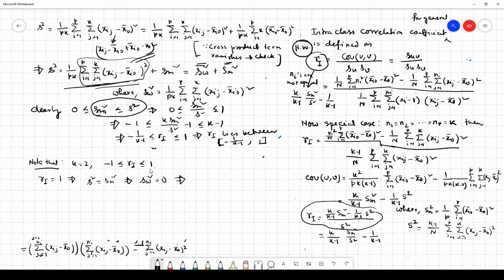This is nothing but a sum of squares, and this implies xij equal to xi bar for all j from 1 to k, because I consider all family sizes are same and these are equal to k.